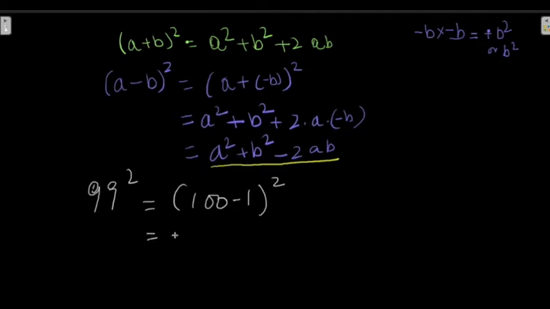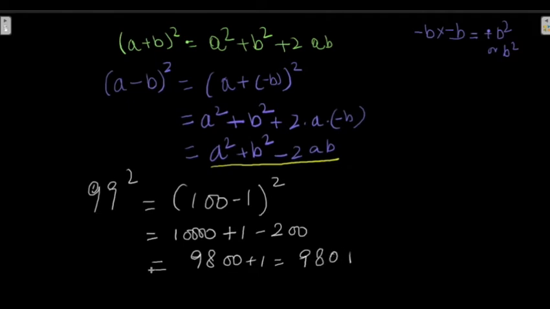It is the square of the first term, which is 10,000, the square of the second term, and the second term is 1 or minus 1, whatever, so it becomes only 1. Then minus twice the product of these two terms, which becomes minus 200. So this becomes 10,000 minus 200, which is 9,800, plus 1, which equals 9,801. So this way you can use these identities or formulas to solve many things.